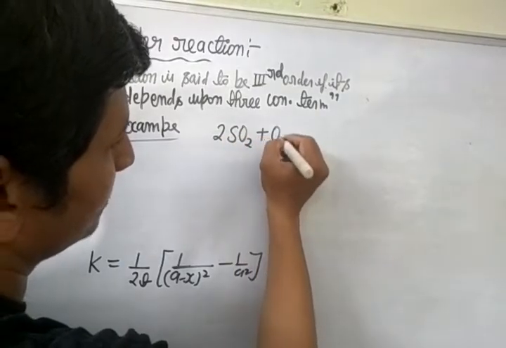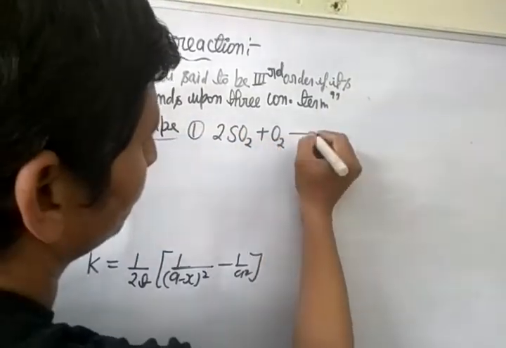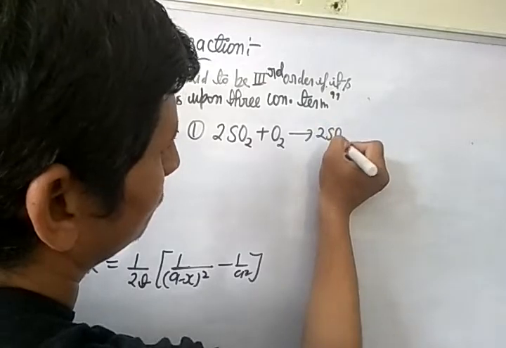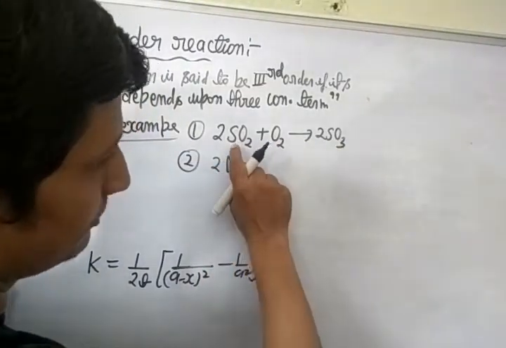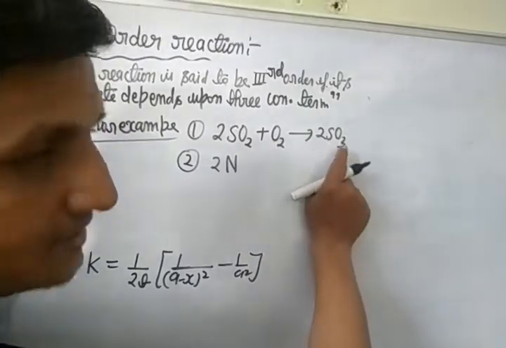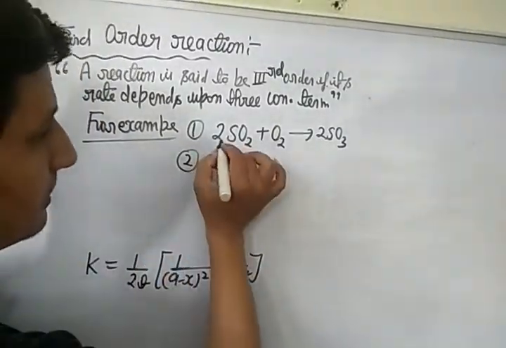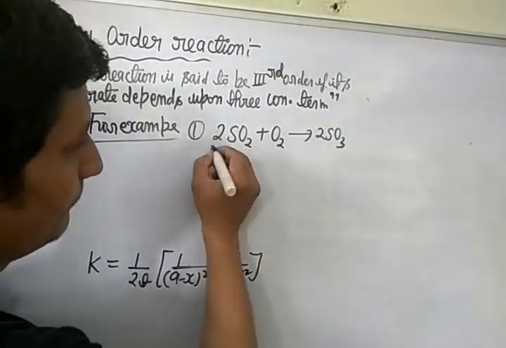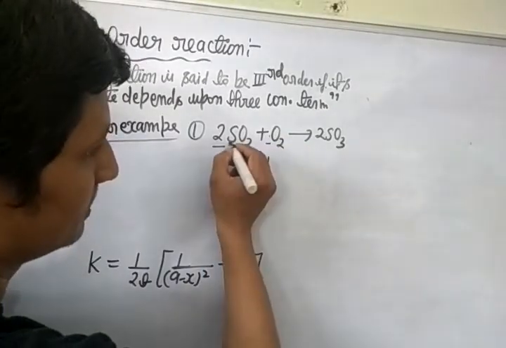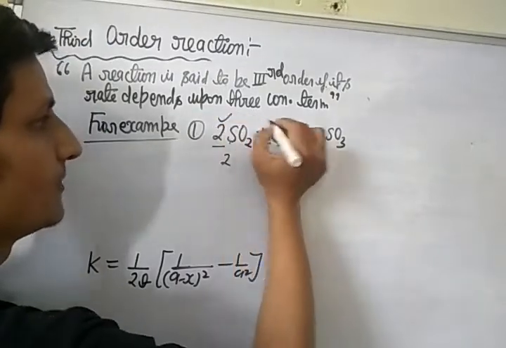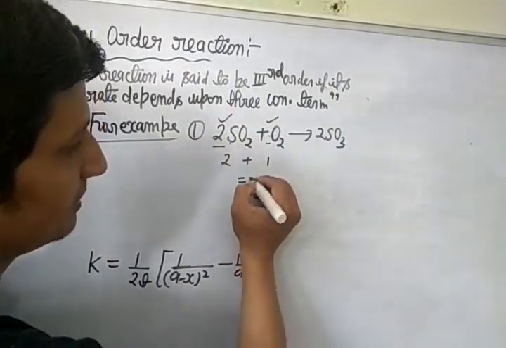2SO2 plus O2 gives 2SO3. Second example, sulfur dioxide reacts with oxygen to form sulfur trioxide. Look here, number of sulfur dioxide molecules 2 and number of oxygen molecules 1, 2 plus 1, total 3.